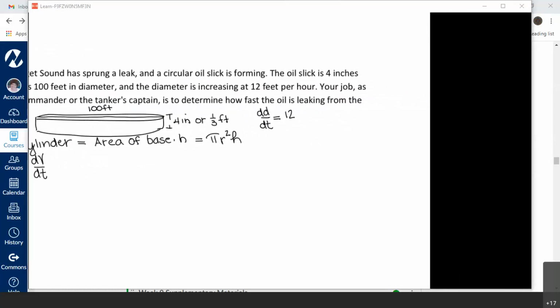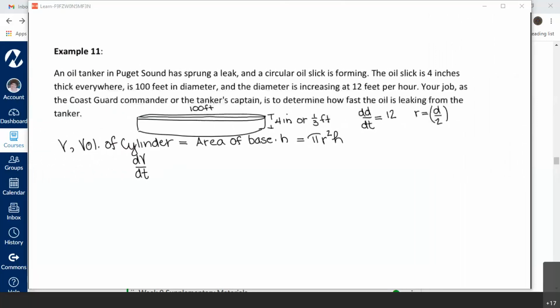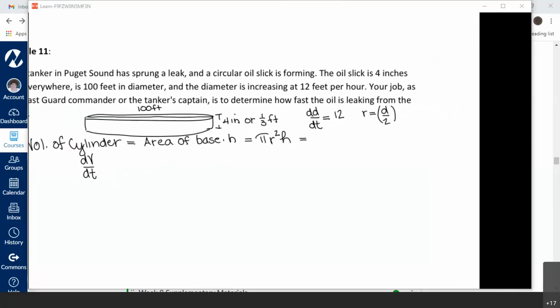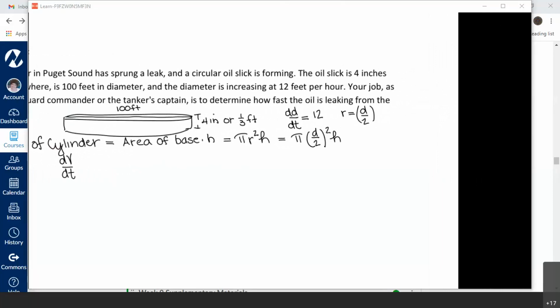Okay, so radius is diameter over 2. So I've got pi times my diameter over 2 squared times height. Again, why am I doing it in terms of the diameter? Because they gave me a rate of change for the diameter, not the radius. Okay, so I'm getting everything in terms of what they gave me.